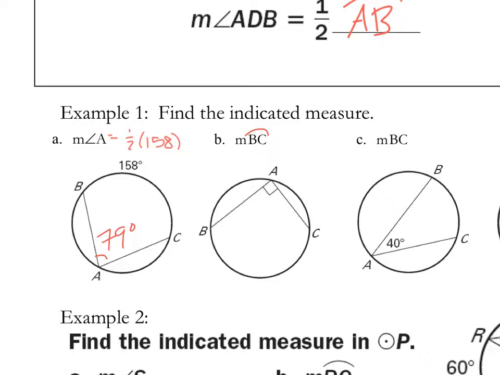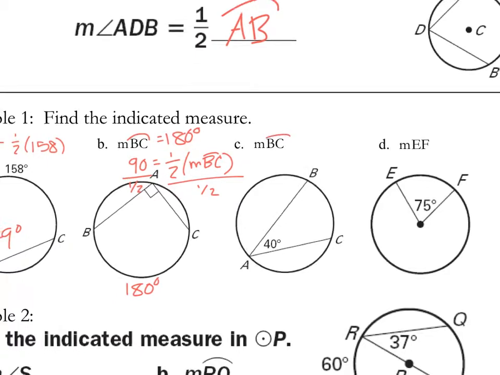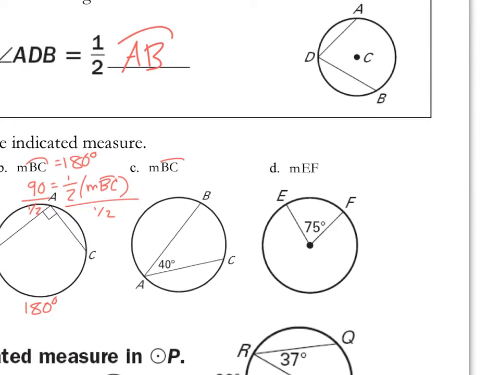So your angle is 90, equals 1/2 the measure of arc BC. So you can divide by 1/2, which if you remember, is the same thing as multiplying by 2, so that's going to be 180 degrees. So this is going to be 180 degrees. So you try these next two, see if you can come up with the right answer.